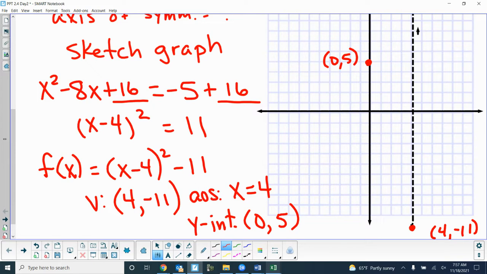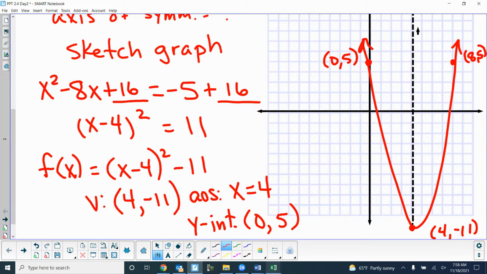We went left 4 to get our y-intercept. We go right 4 to get our third point. So there's my parabola, the sketch of it. Okay? That's not using the calculator at all. That's just doing it all by hand.